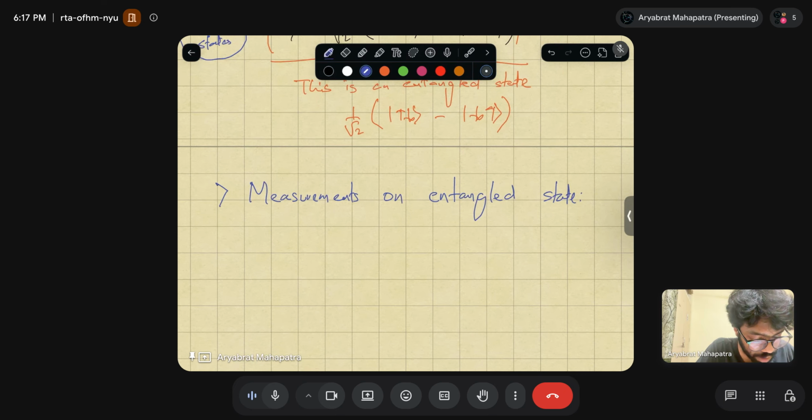By measurements, we mean that we have to operate some physical observables.